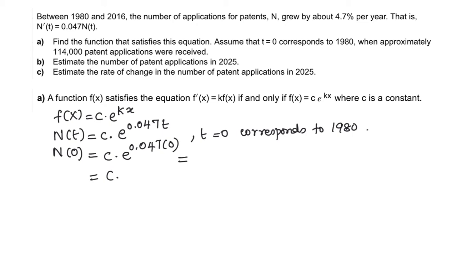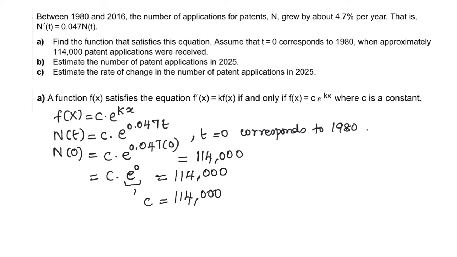When t = 0, it is approximately equal to this value. So we can set this equation equal to that value: c times e^0 equals 114,000. e^0 is just 1. That means c equals this value. So we got the constant.